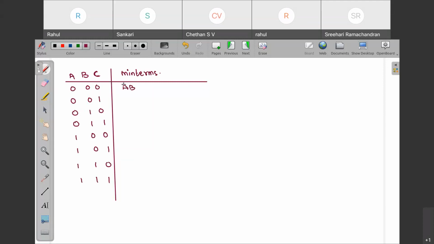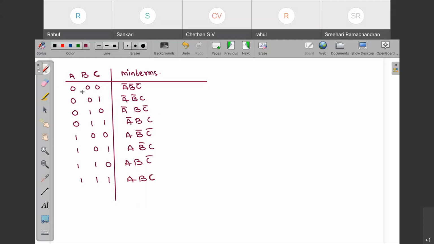So this will be A complement, B complement, C complement. This will be A complement, B complement, C. This will be A complement, B, C complement. This will be A complement, B, C. This will be A, B complement, C complement. And this will be A, B, C.